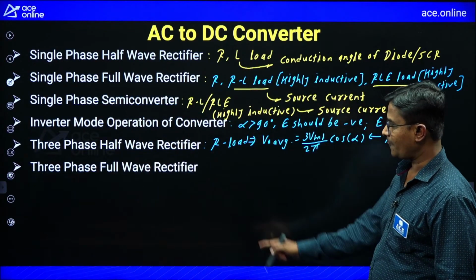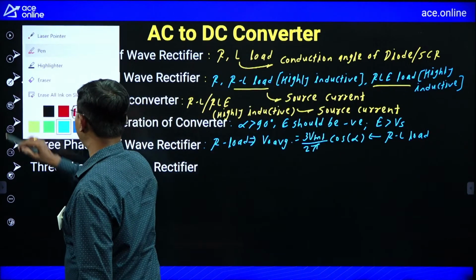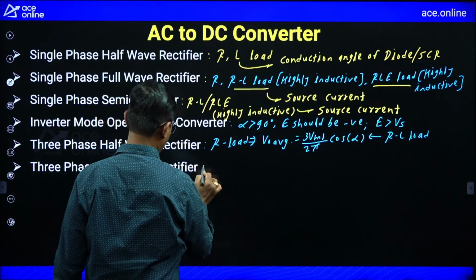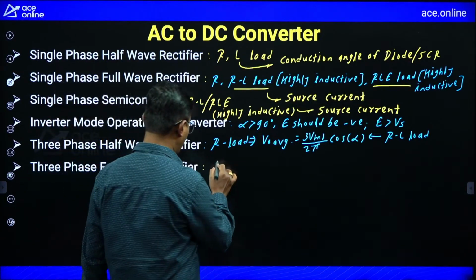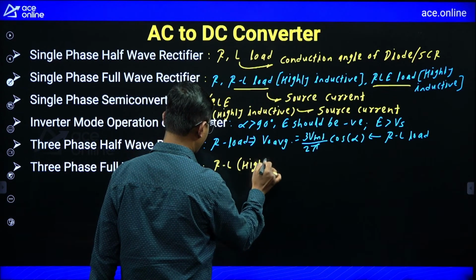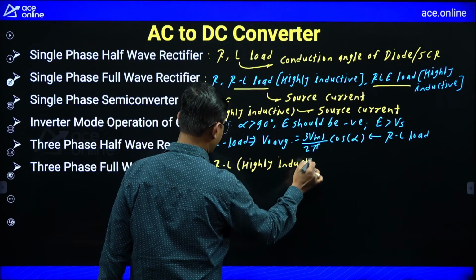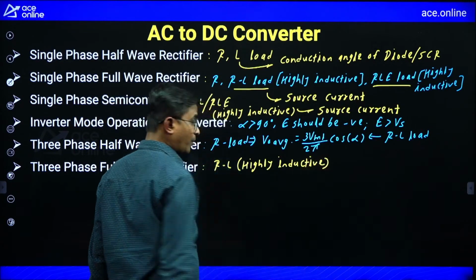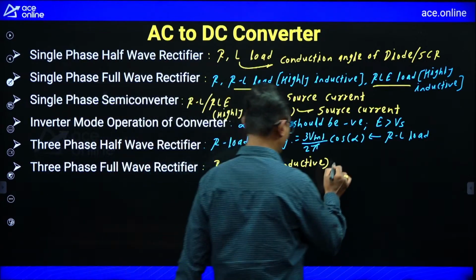Next, three-phase full wave rectifier, specifically for highly inductive load. What is the waveform of the supply phase current?